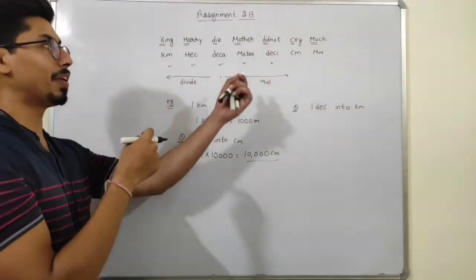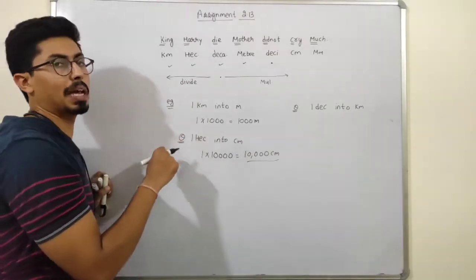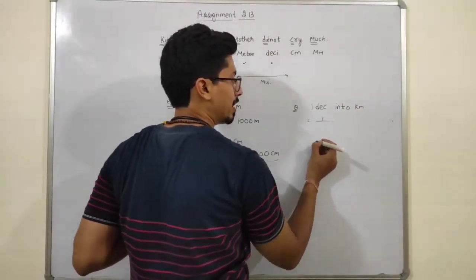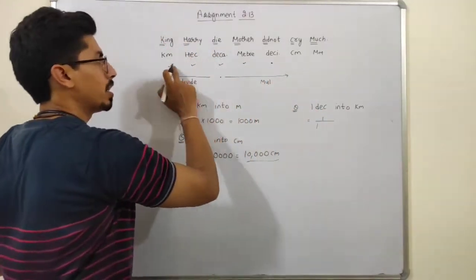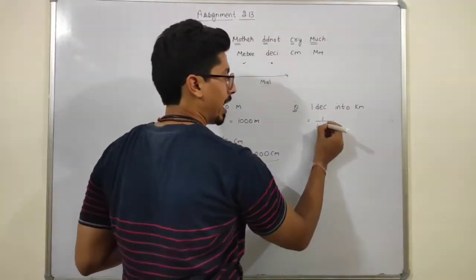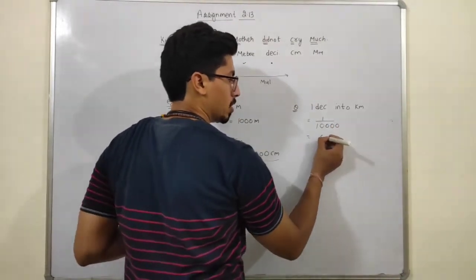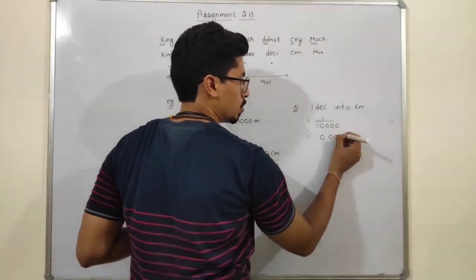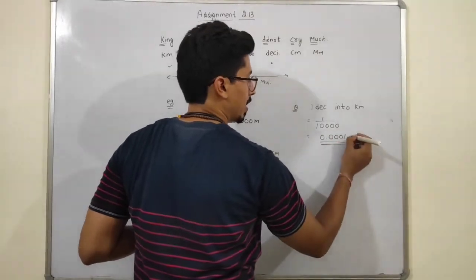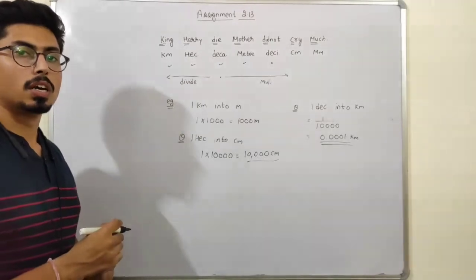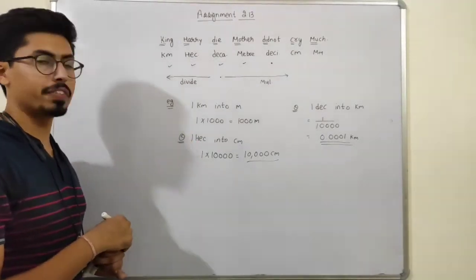If I have to go to the left hand side, I have to divide. So it will be 1 divided by 1 and 4 zeros, since 4 places are there. So the answer will be 0.0001, and it will be in kilometer now. I hope all of you understand these conversions.